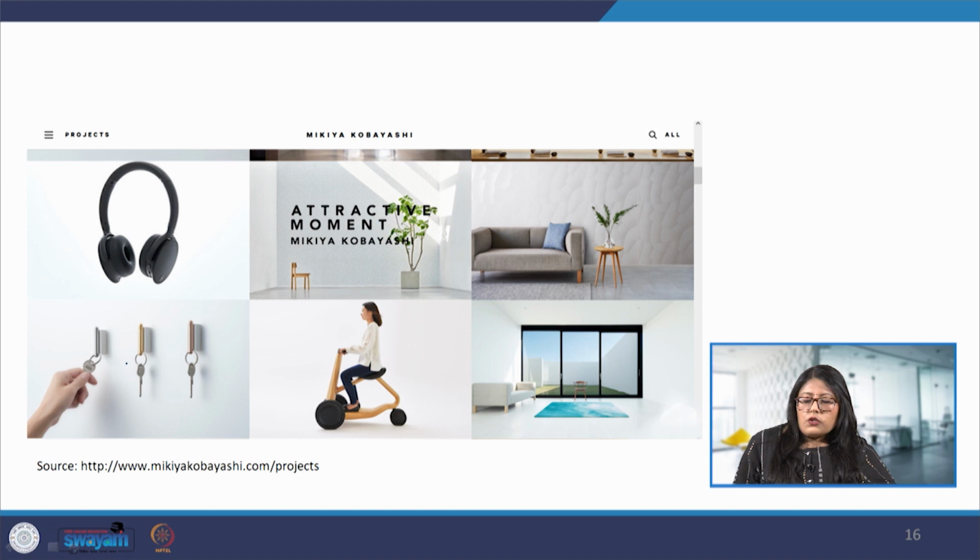So, not just robots, but we can see how even websites can convey information very effectively. This particular website is by Mikiya Kobayashi, a Japanese designer, and we can see how minimalistic and clean the website is, which lets the user identify what they came here to find very easily.